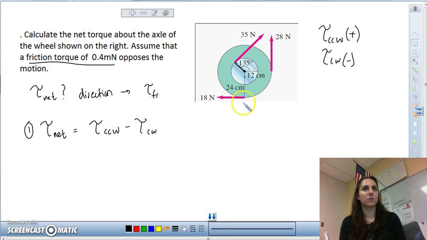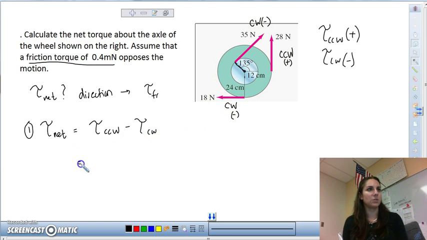So if you take a look at this one right here, this is going to make it go clockwise. So I actually like to label that, right next to it, which makes this, of course, negative. This one is going counterclockwise, so I could write that as counterclockwise or positive. And this one is going clockwise, so this will be negative like that. So that gives me the signs.